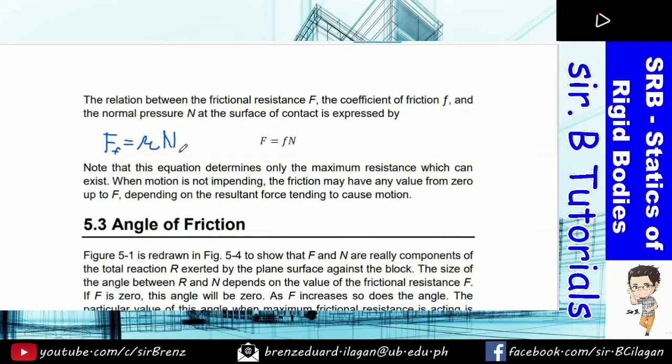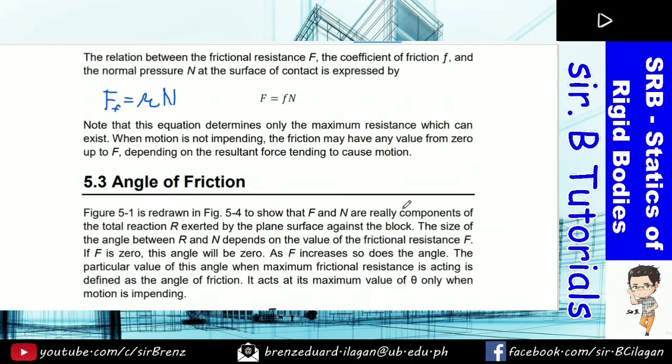And then N, that is the normal force. So this is based on the weight of the block itself and the y component or the vertical component of the applied force P, which will cause the motion to the body. Note that this equation determines only the maximum resistance which can exist when motion is impending. The friction may have any value from 0 up to the value of F, depending on the resultant force tending to cause motion.